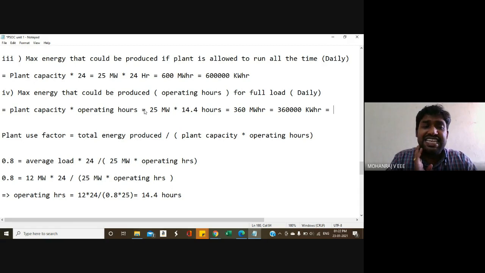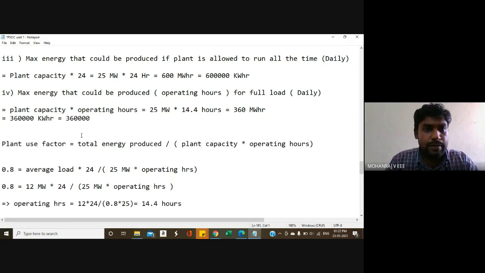So the maximum energy that could be produced for operating hours for full load is 3,60,000 units, because 1 unit is equal to kilowatt hour.